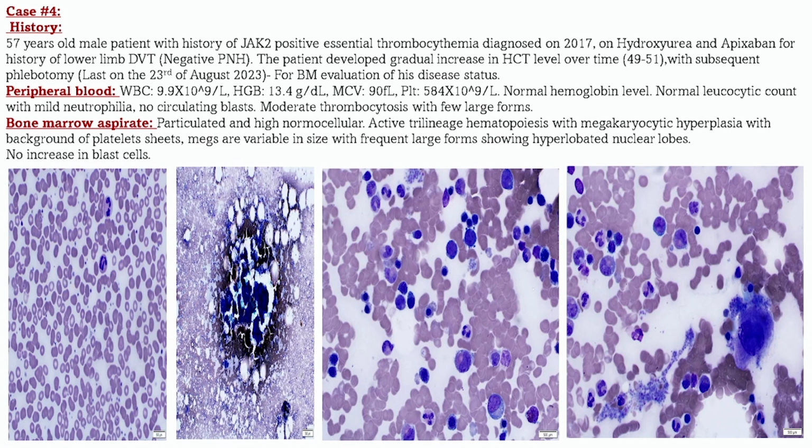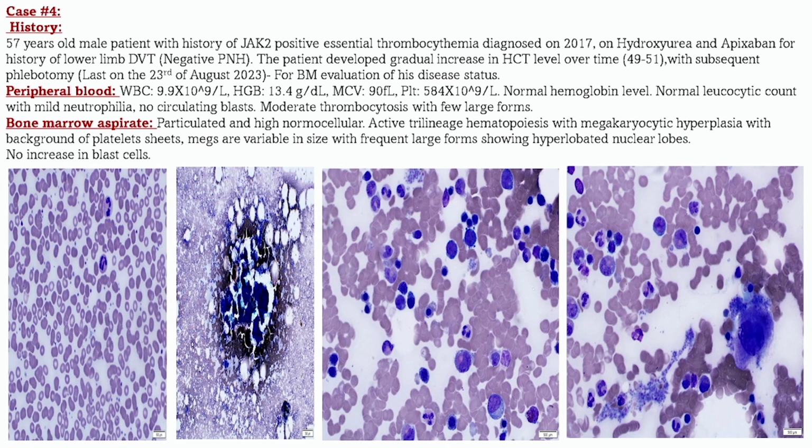In his peripheral blood, you can see the hemoglobin is 13, but that is because of the phlebotomy. The bone marrow aspirate shows a high normocellular or hypercellular marrow with active tri-lineage hematopoiesis, megakaryocytic hyperplasia with a background of platelet sheets. Again, the megakaryocytes are variable with frequent large hyperlobated nuclear lobes. ET has specific morphological features.